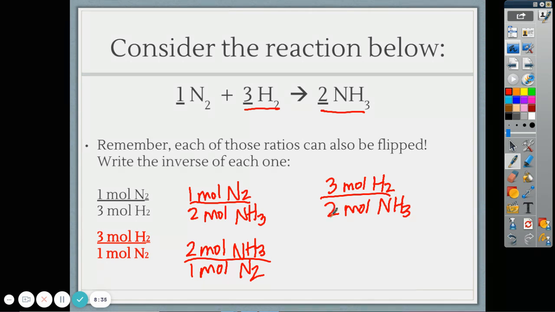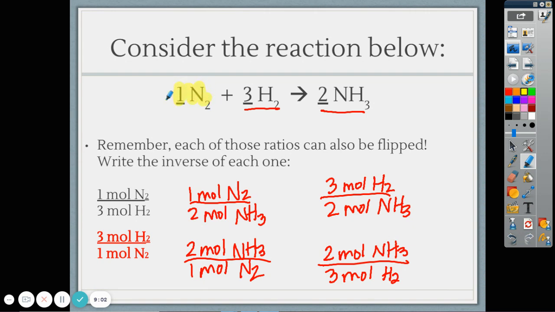The 2 is still going to go with NH3, but now I'm going to put all of that in the numerator, and then my 3 moles of hydrogen on the bottom.